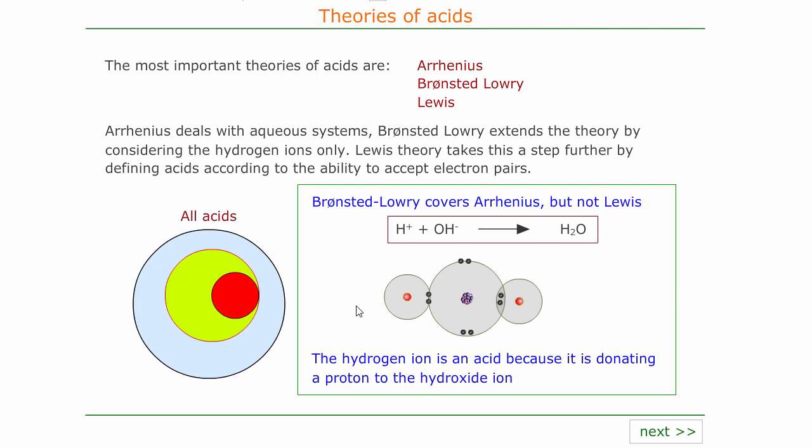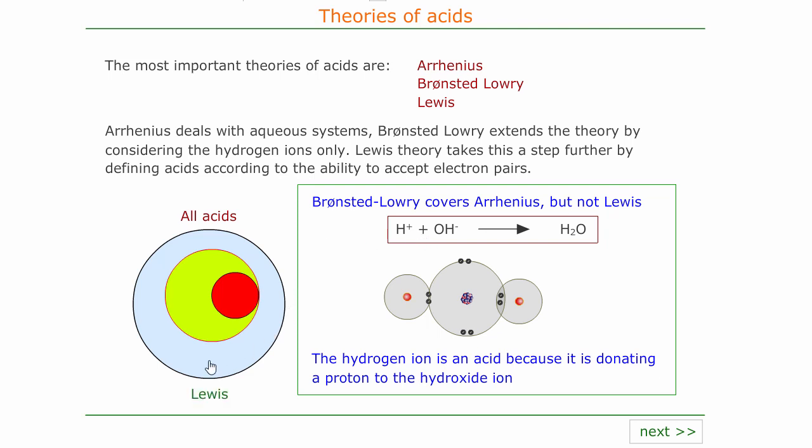Now the hydrogen ion then goes on and interacts with... this picture actually shows H2O, doesn't it? Oh, okay, so this is a reaction between hydrogen and OH minus. So I've made this video and I forgot what I put in there. The hydrogen ion is being donated to the OH minus, and so whatever donates the hydrogen ion is a Bronsted-Lowry acid.